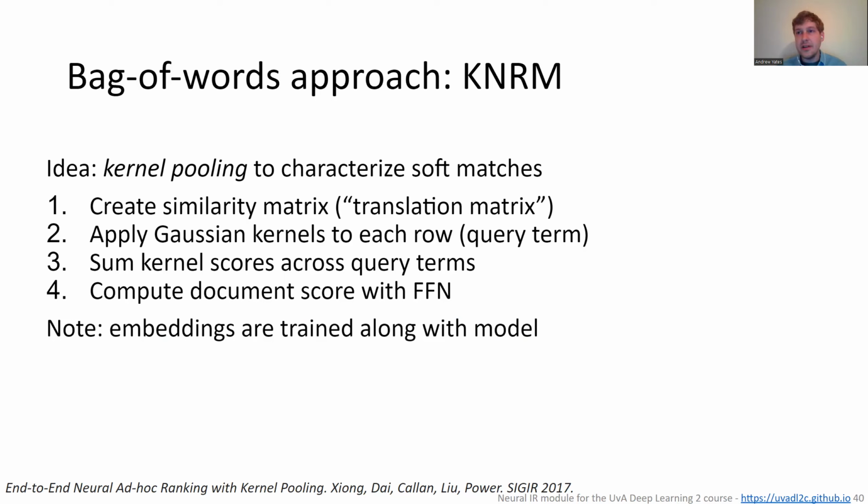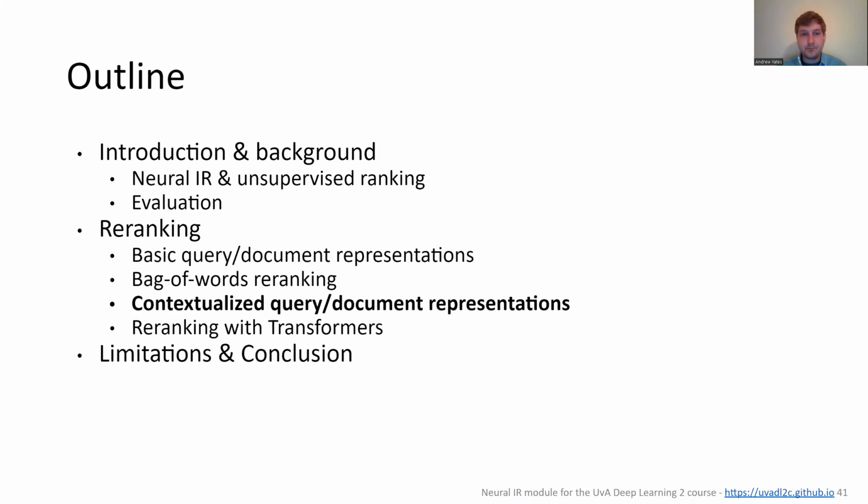But really, in order to improve things, we need to make things a bit more complicated and look at contextualized embeddings. So the key thing I would say holding this method back is that the embeddings are static. So no matter the context of a word, we always represent it in the same way.